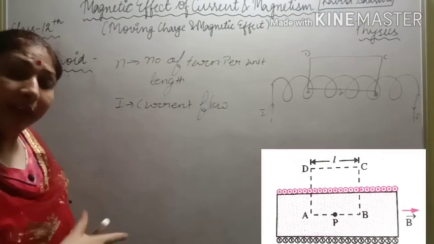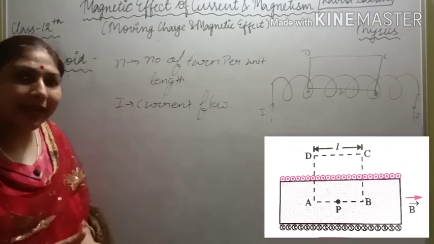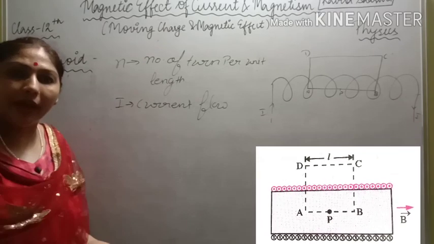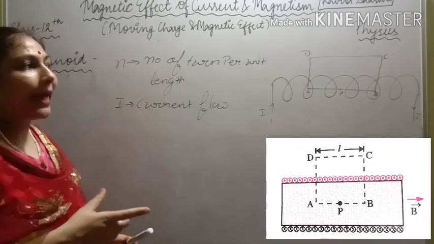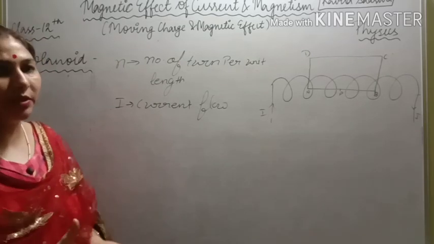So the magnetic field outside this solenoid is very weak and can be neglected, or you can say that for the ideal solenoid we have zero magnetic field outside the solenoid, and inside the solenoid we have a strong and uniform magnetic field represented by B.